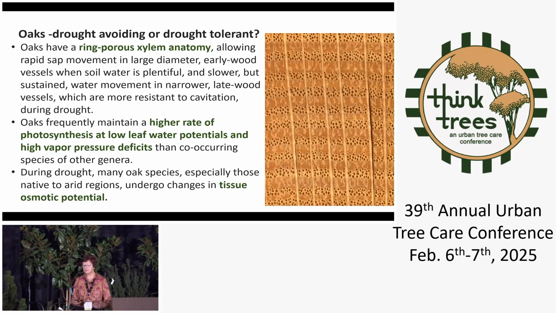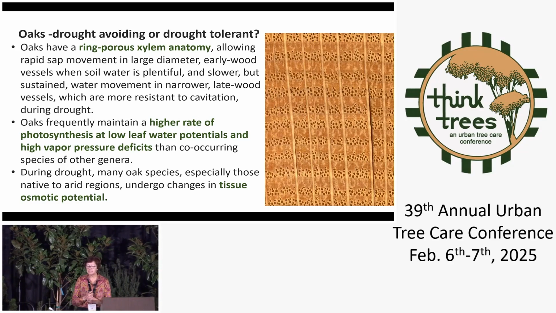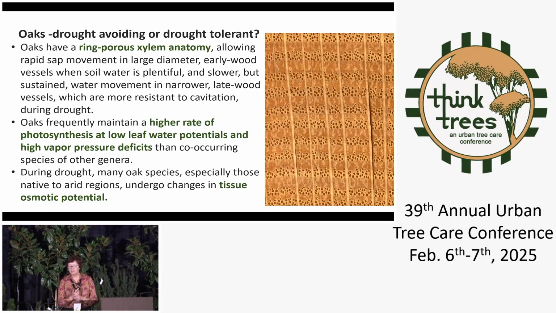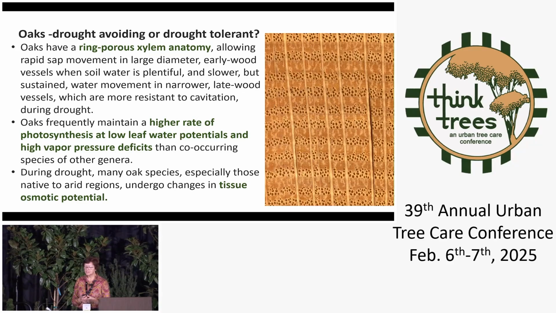Now, here's another side of the oaks. Some of them have ring porous xylem anatomy, so that allows fast movement in those larger vessels earlier in spring. The oaks also have higher rates of photosynthesis at low water potential and high water pressure deficit, so that means they're acting more like a plant that tolerates the droughts.